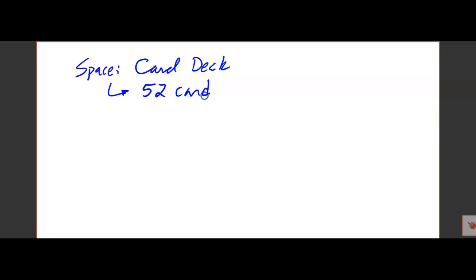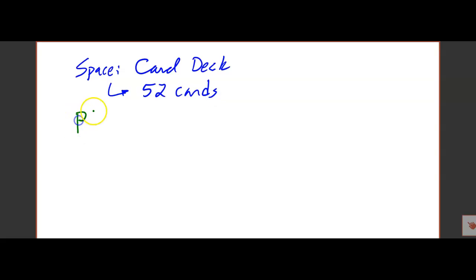So if I'm looking at my space as a card deck, then the number of cards is 52 cards. Okay? Let's look at a couple of probabilities.